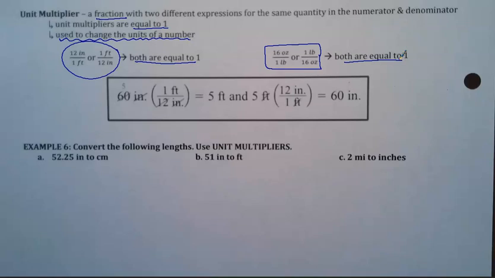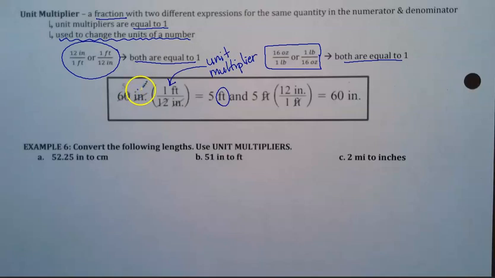Now, where this comes in handy, so in this example in the box here, we have 60 inches and we want to convert it to feet. Okay, so right here we want to change it to feet. So we use a unit multiplier. This thing right here is a unit multiplier. We use a unit multiplier to cancel and convert it.